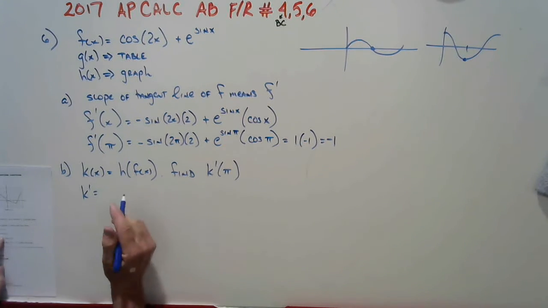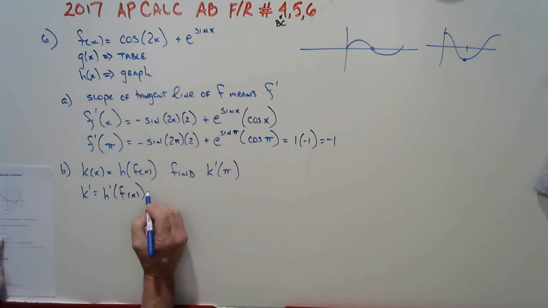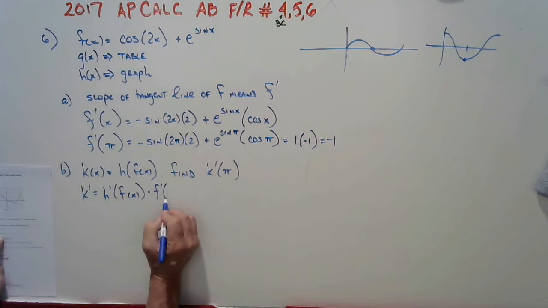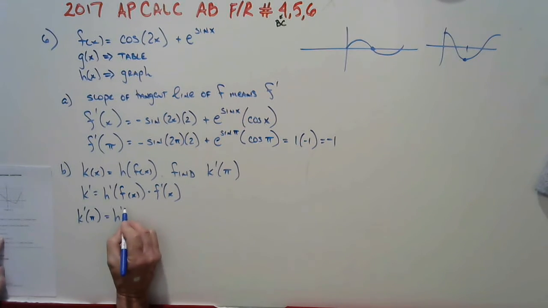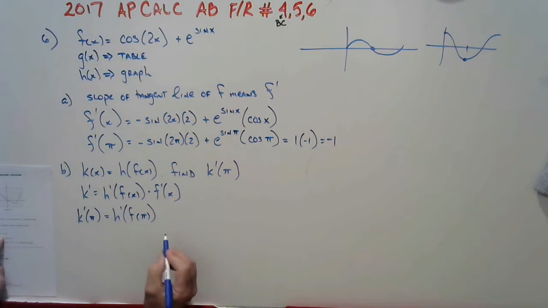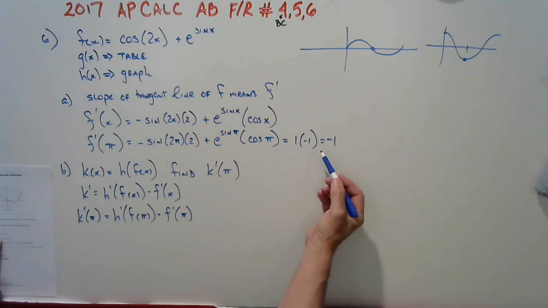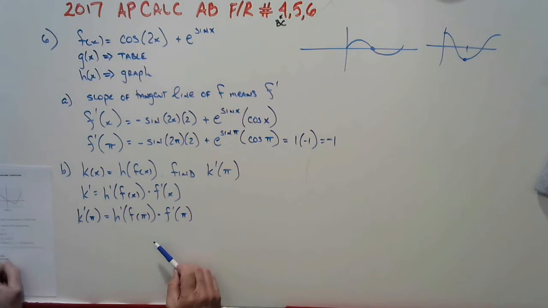Now this is the chain rule, so that's h prime of f of x times the derivative of what's inside, f prime of x. So they want us to find k prime of pi. So that's h prime of f of pi, right, times f prime of pi. Now we found f prime of pi right here. We know that's -1.